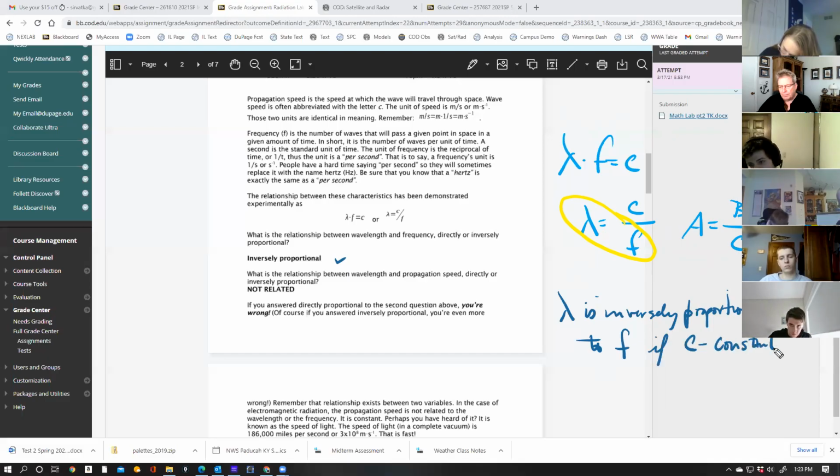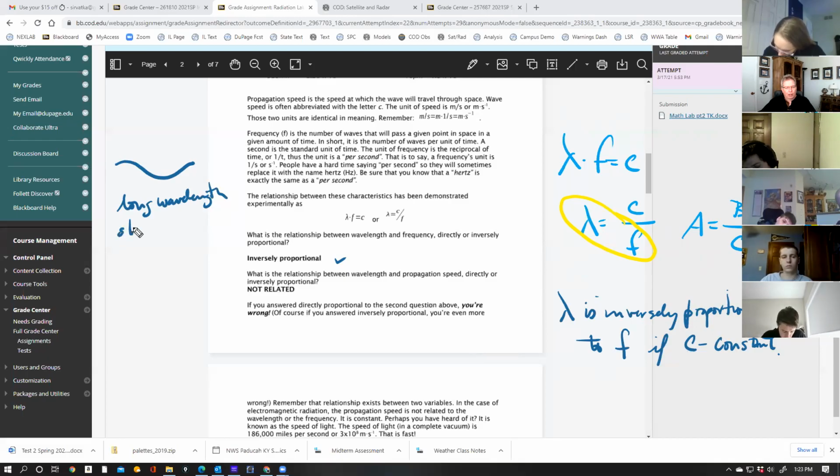And C is always constant, right? And this is a true statement. So that means long wavelength has a small or a low frequency.